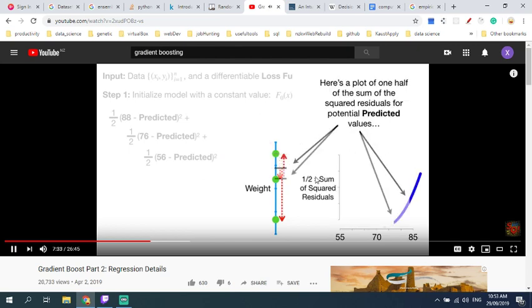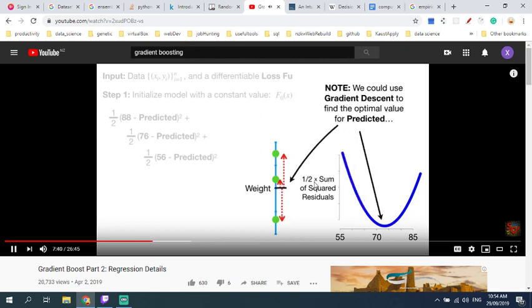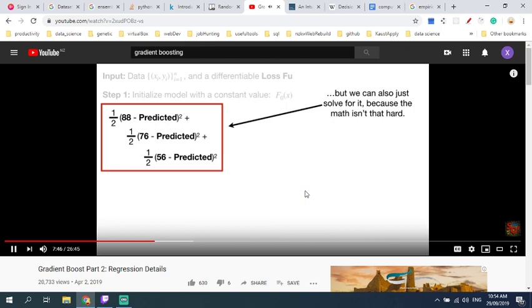Here's a plot of 1/2 of the sum of the squared residuals for potential predicted values. Note, we could use gradient descent to find the optimal value for predicted, but we can also just solve for it because the math isn't that hard.